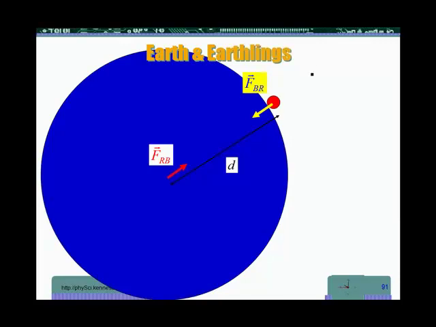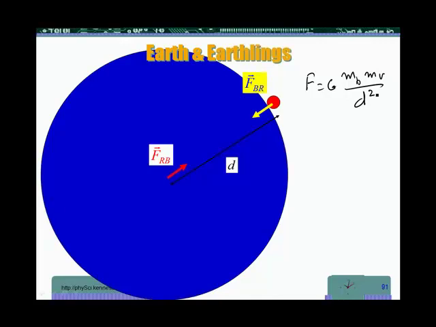Now, what we are saying, F is G M blue M red over D squared. It's the universal gravitational law. We should be able to apply it here as well.